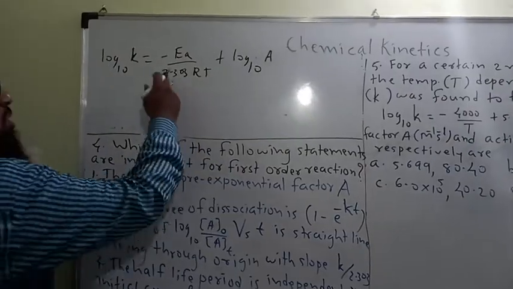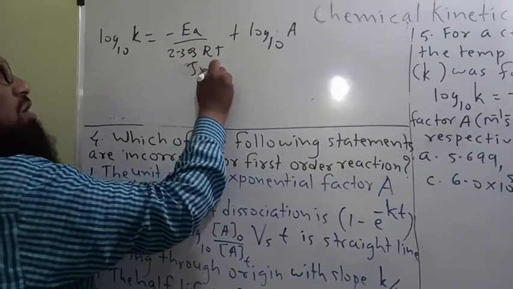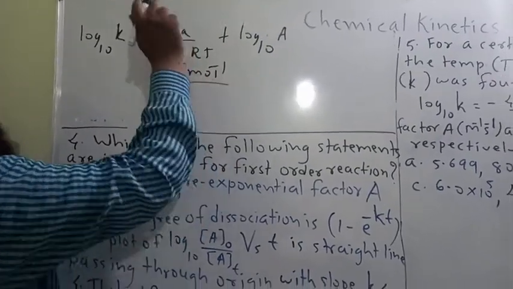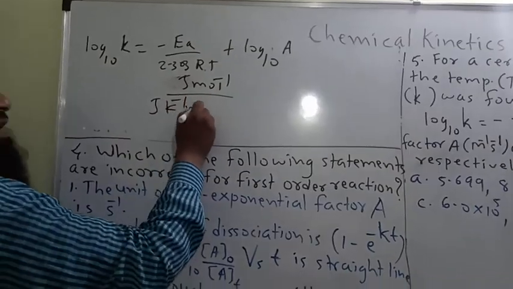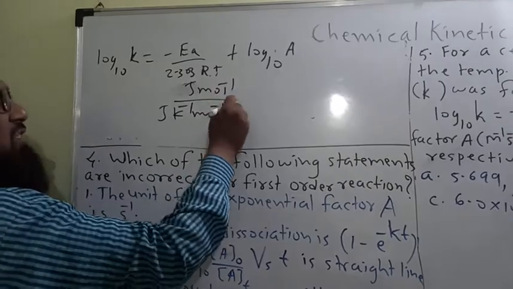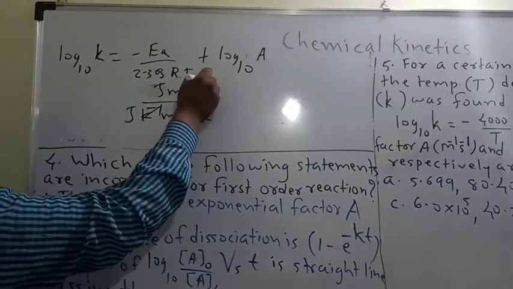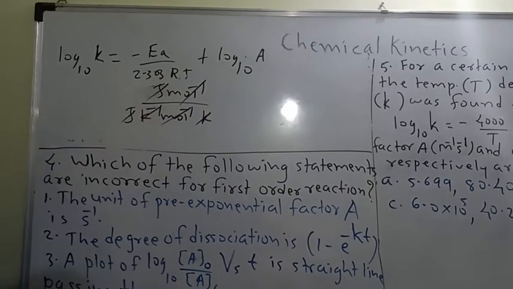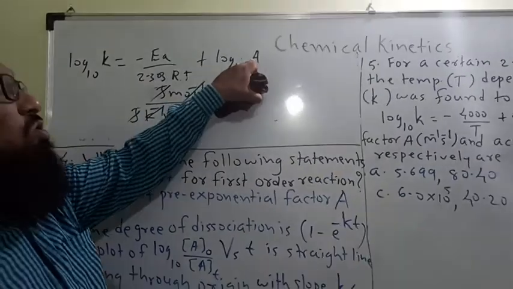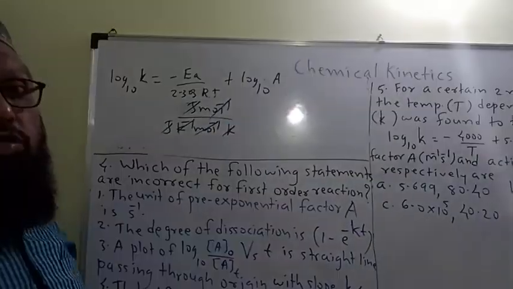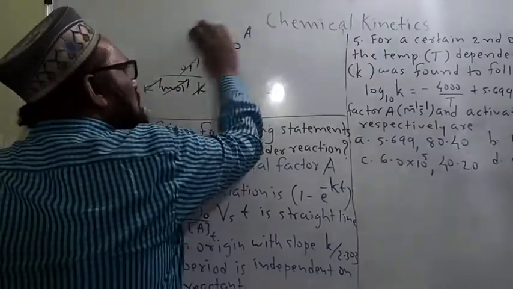Let us see how. Energy of activation, suppose I write here joule per mole, 2.303 constant, R joule per Kelvin per mole, temperature Kelvin. This gets cancelled, this cancels. That means the unit of rate constant is always equal to the unit of pre-exponential factor A. And what is the unit of the rate constant of a first order reaction?